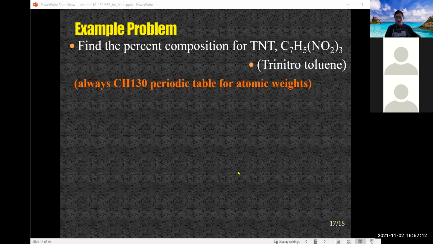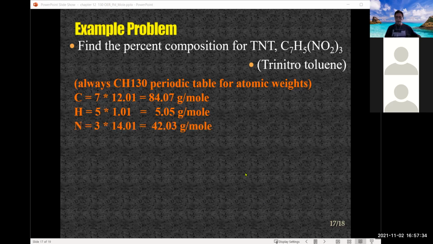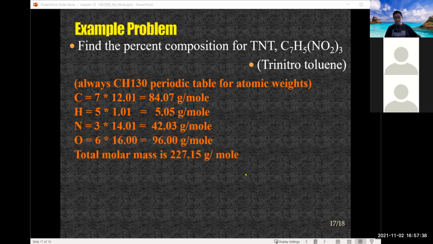Using the atomic weights from our periodic table, 7 carbons at 12.01 gives you 84.07 grams per mole. Hydrogen, 5 of them at 1.01 gives you a total of 5.05. Nitrogen, 3 of them at 14.01 gives you a total of 42.03.